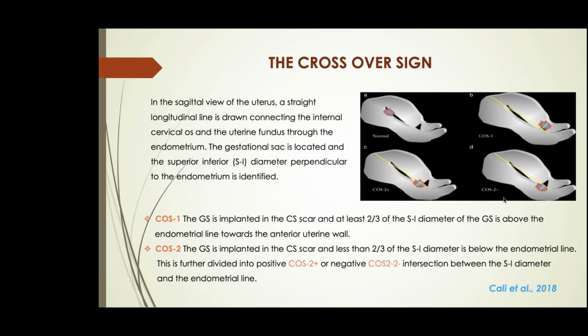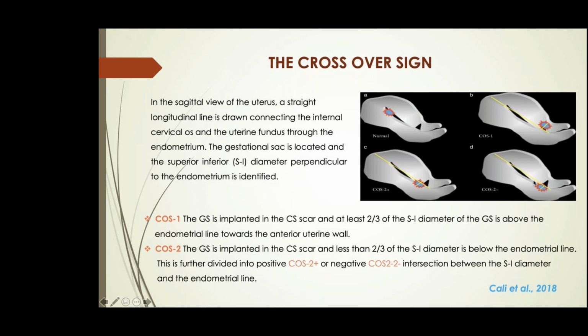This sign is called the crossover sign. In simple words, you take a longitudinal line along the uterine cavity, and if the sac, as you can see here, is above this line towards the bladder, it is crossover sign 1, which means it is the exogenic type.